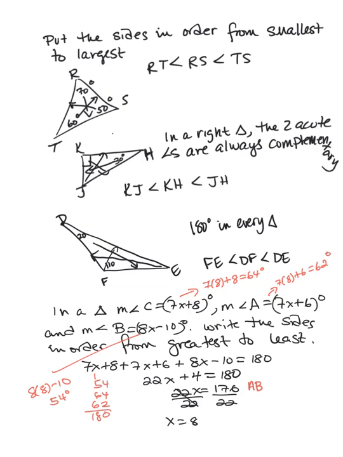So the next largest angle is angle A, so angle A would be across from CB. Make sense? And then the last angle was angle B. So angle B would be across from AC.